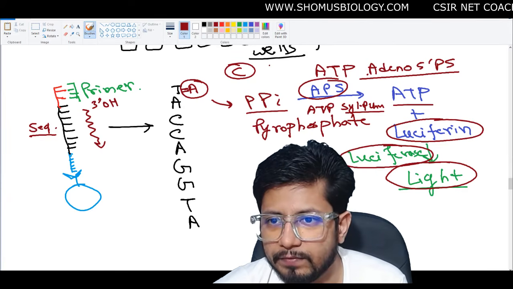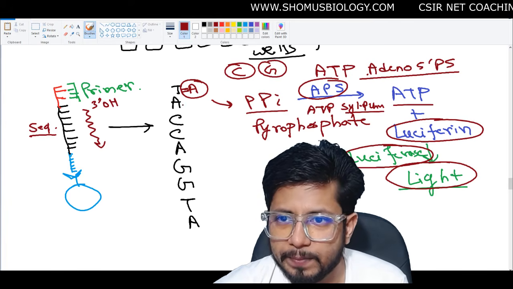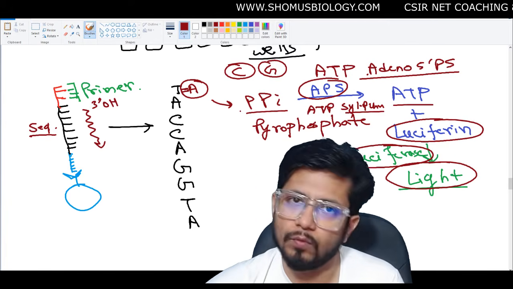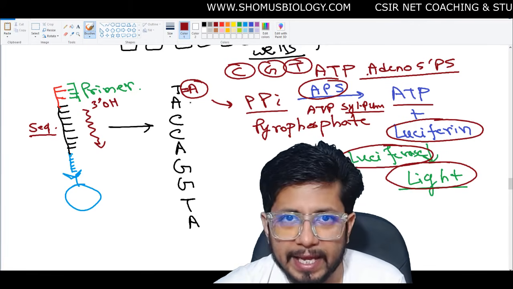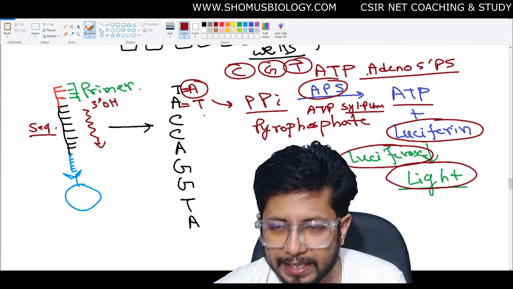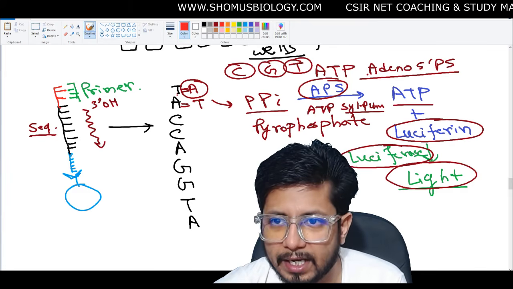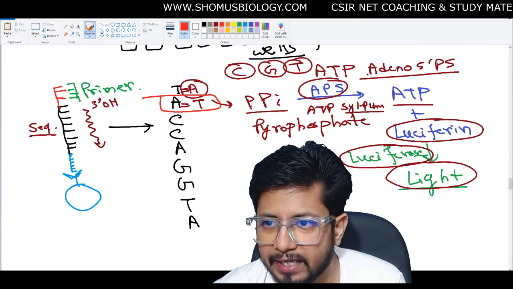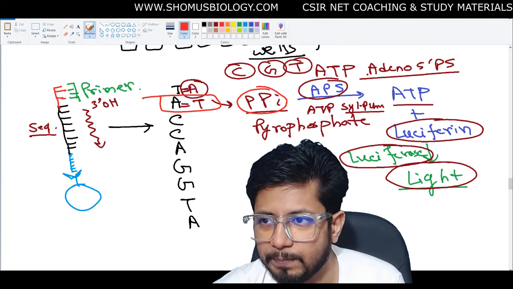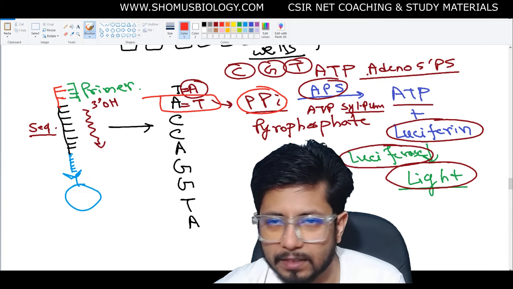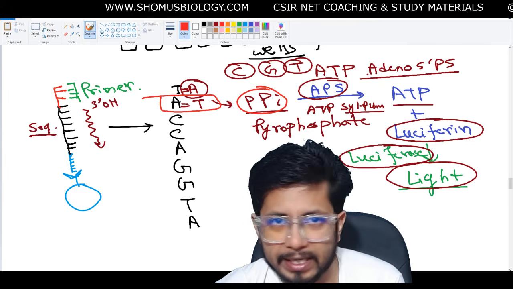Then let's say we give G. G pairs with A? No. So there won't be any light. Then we give T. T pairs with A? Yes, T pairs with A. And again when T pairs with A, a correct pairing, that again triggers the release of PPi. That PPi will be converted to ATP by ATP sulfurylase.